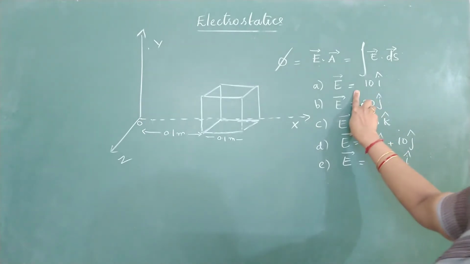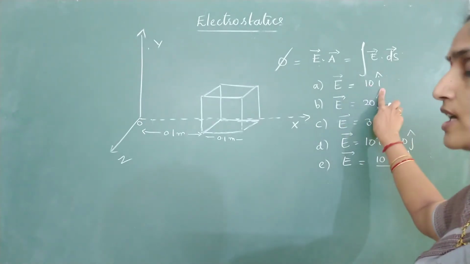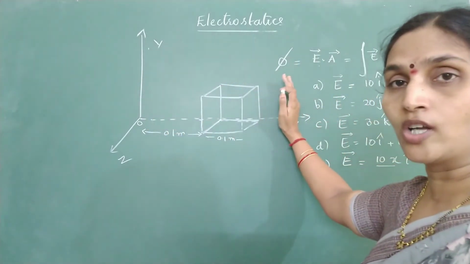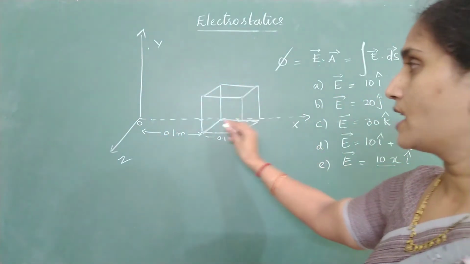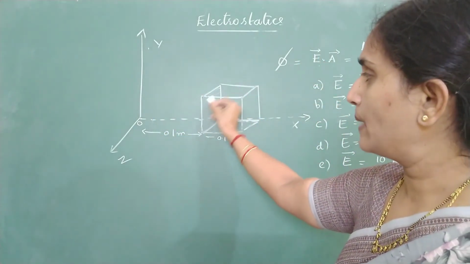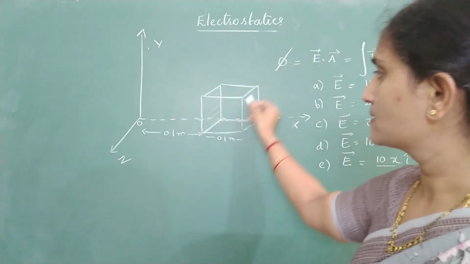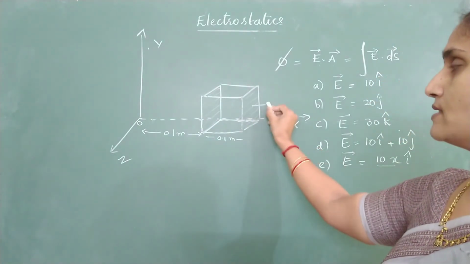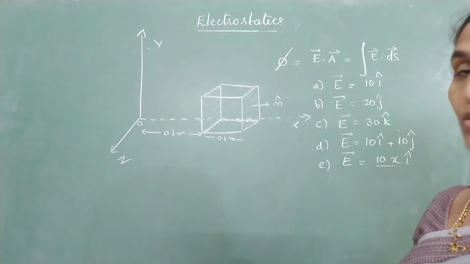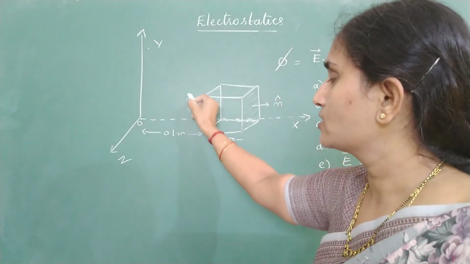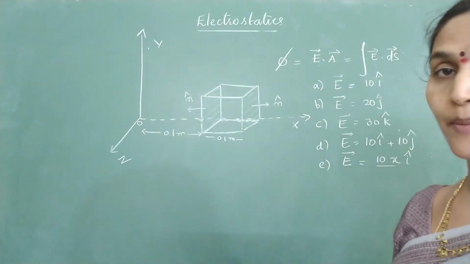Start from the first question. If electric field is 10 I cap, so that means field is along x axis having a constant magnitude. Just observe, because field is along x axis, flux will pass through these two shaded portions. For this surface, this is the area vector, outward normal. For this surface, area vector is in the backward direction, n cap.